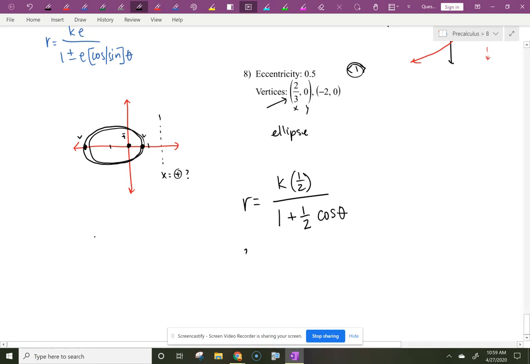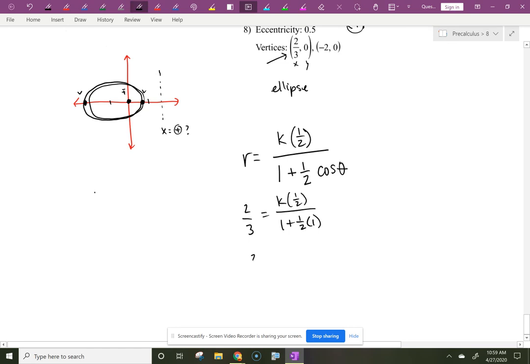So if I do that, r would be 2/3, k times a half, over 1 plus a half. And we already talked about cosine of 0 degrees is 1. So I'm just going to put a 1 there. So we have all math. Now solve for k. All right, you're like, oh, that looks freaky. I don't know. Is it 2/3 equals a half of k, and then that's 1 plus a half?